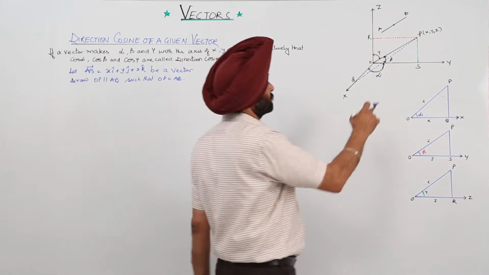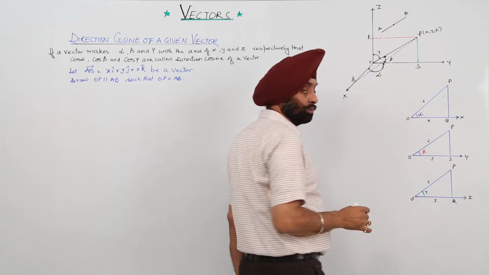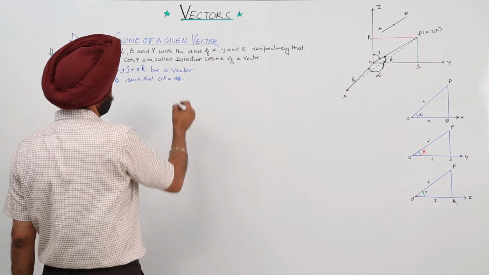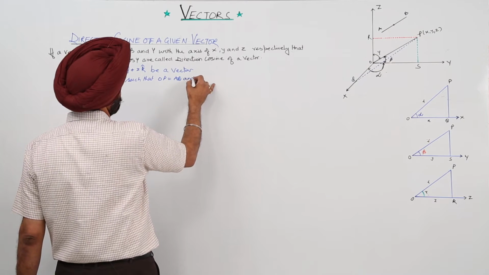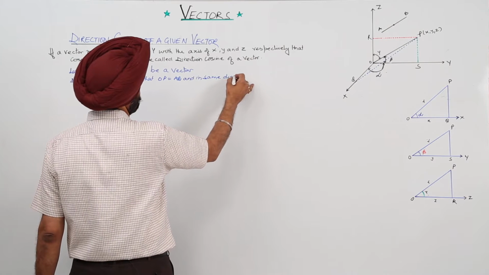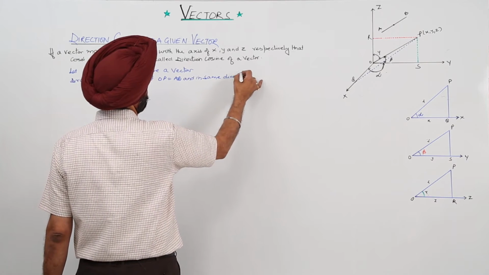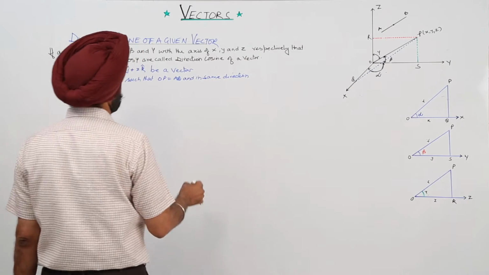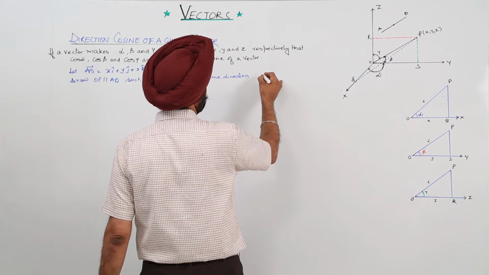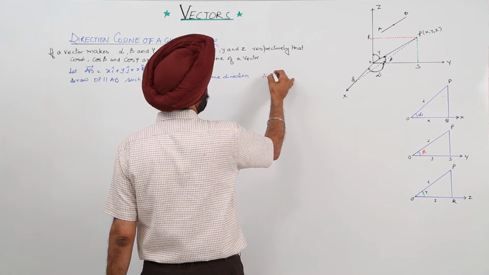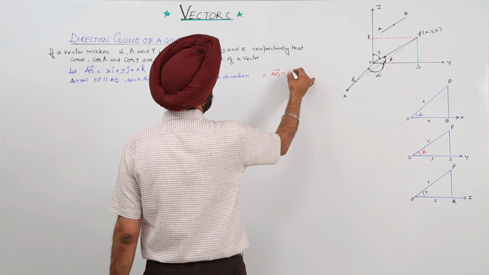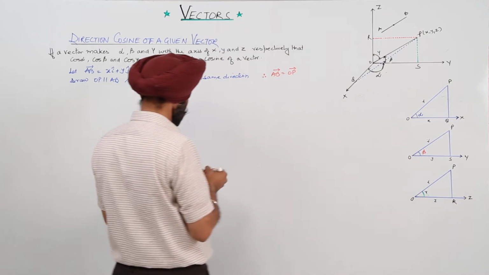Now, these two vectors AB and OP we have to draw parallel, and when it is parallel, such that OP is equal to AB and in the same direction. Therefore, vector AB is equal to vector OP.